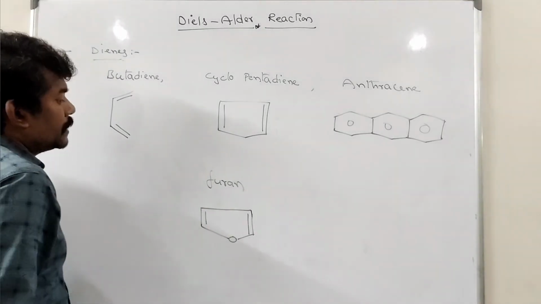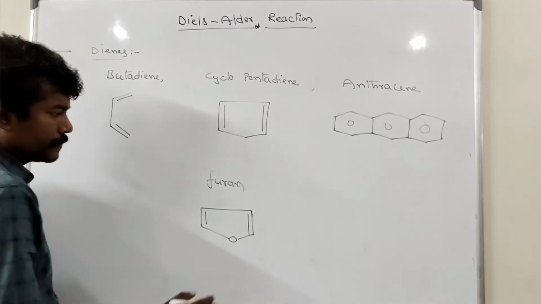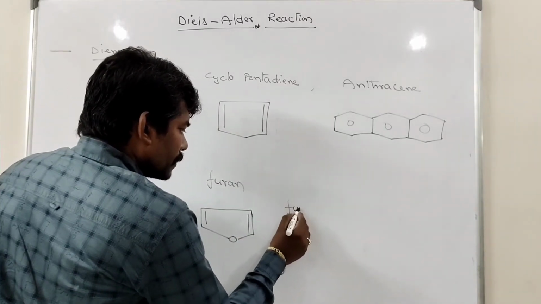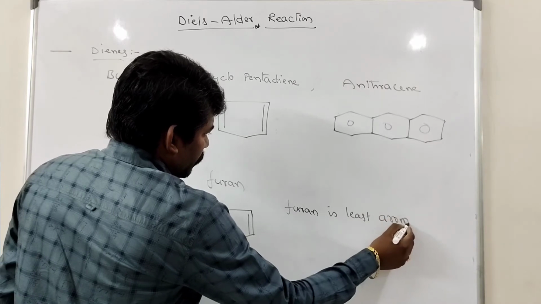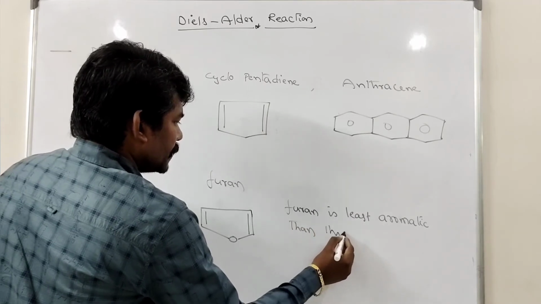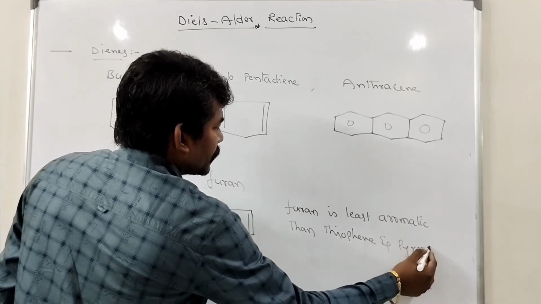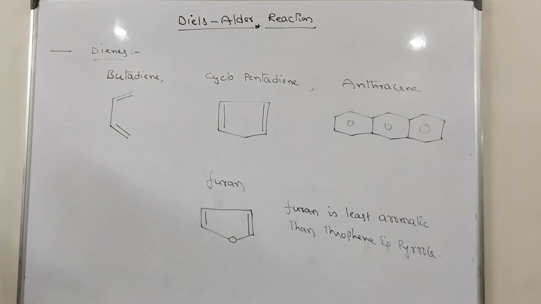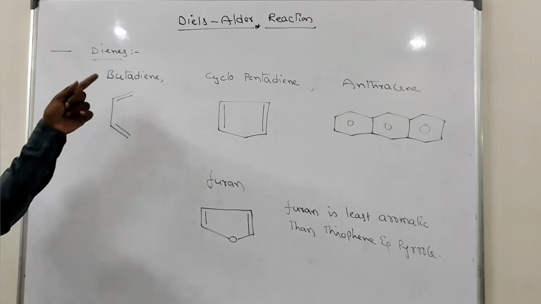Only furan undergoes the Diels-Alder reaction, but not thiophene and pyrrole, because furan is the least aromatic compared to thiophene and pyrrole. Such conjugated dienes undergo the Diels-Alder reaction.